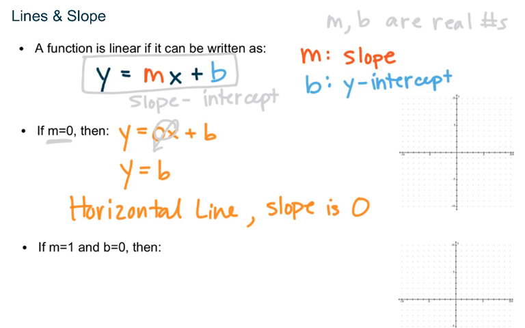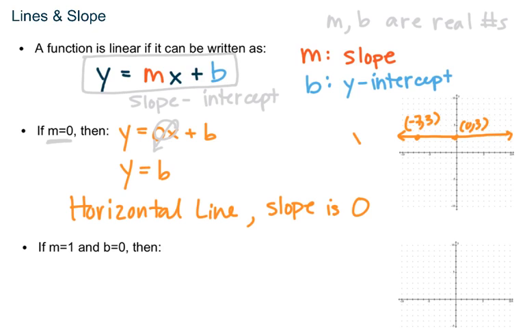So what does a horizontal line graph look like? Well, it goes left to right, and all of the y values are the same. So looking at these, we have 0, 3 being our y-intercept. Over here, we might have -7, 3. So you'll notice that on any point you would pick on this line, the y value would always be 3.